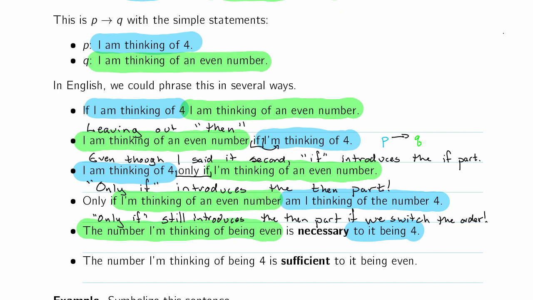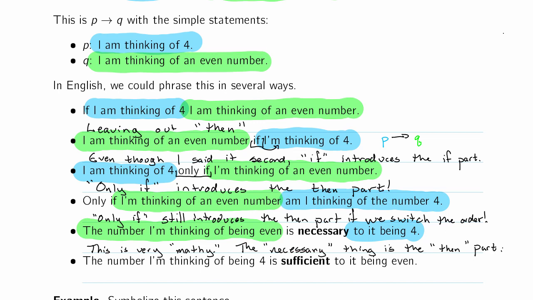This is very mathy. We often do this in formal theorems. But what we're saying here is that the thing that is necessary has to be true anytime the other thing is true. The thing that is necessary cannot be false with the other thing being true. The thing that is necessary is the then part of an if-then.